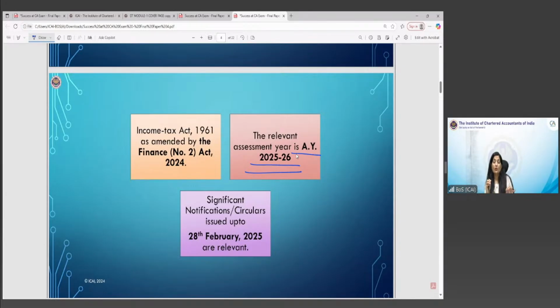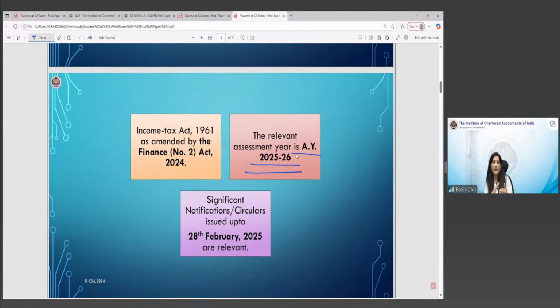Right. So the notifications and circulars are issued by the Central Government or the CBDT just for substantiating the provisions of the law itself, right? The law has been amended with the Finance (No. 2) Act, but for adding value to those laws, the notifications and circulars are issued by the Central Government or the CBDT.